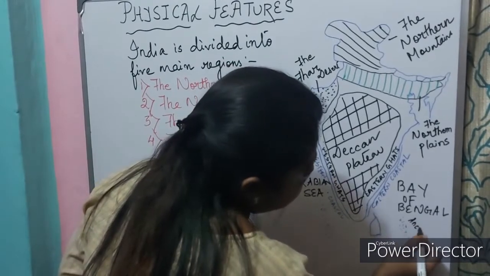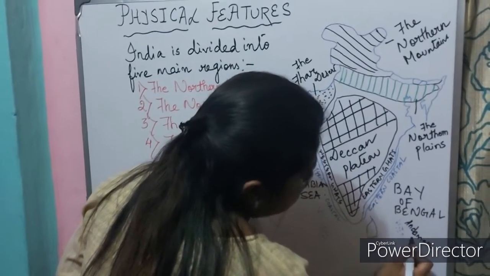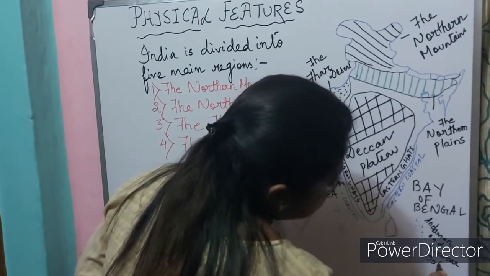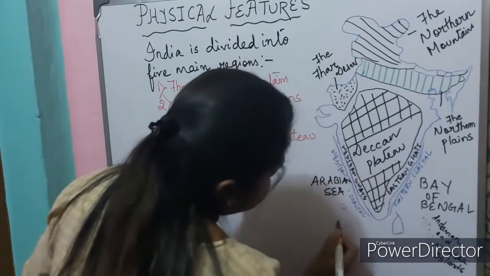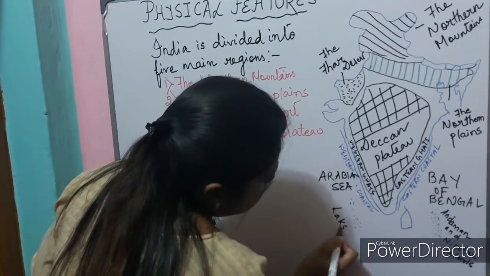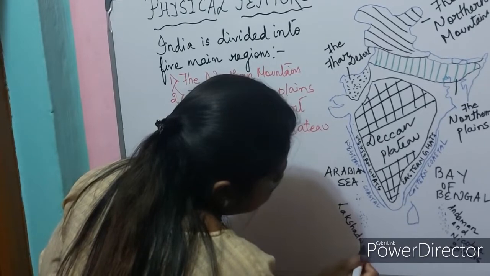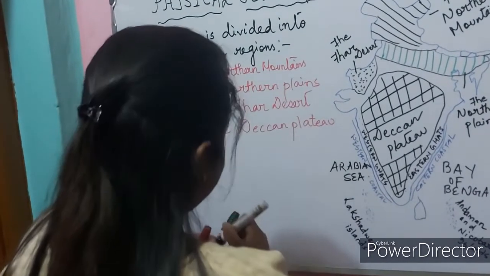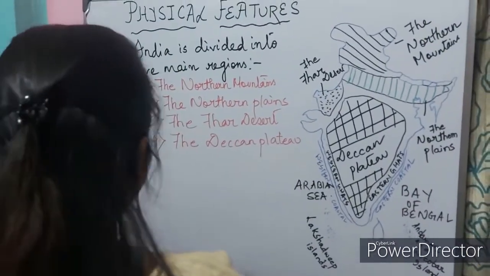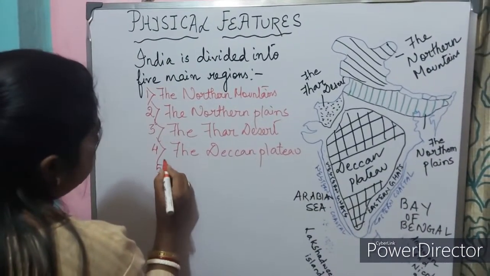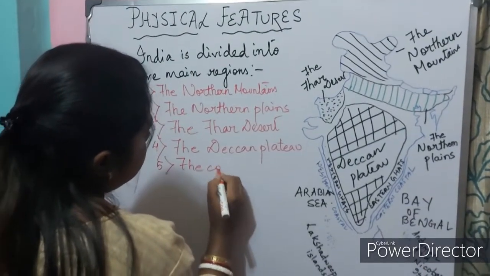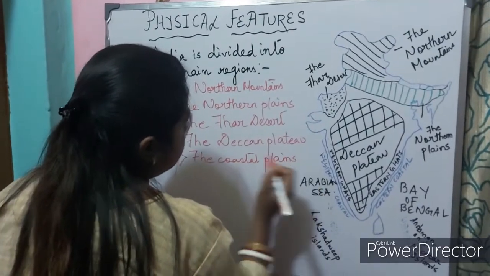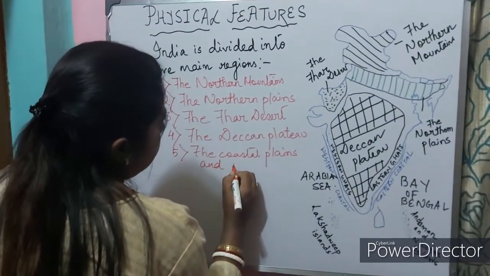Here the Andaman and Nicobar Islands, and here the Lakshadweep Islands. Right? So the fifth point, the coastal plains and islands.